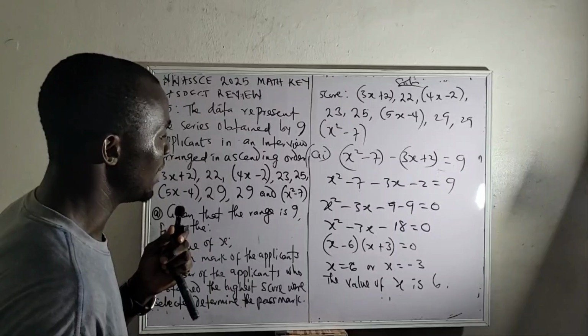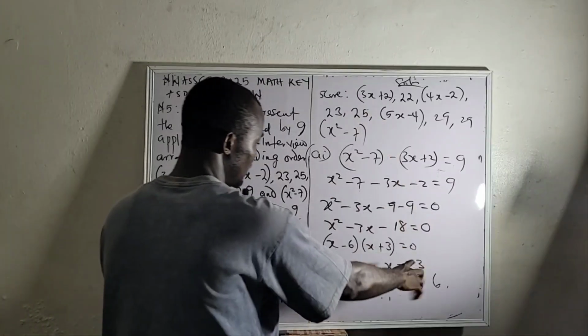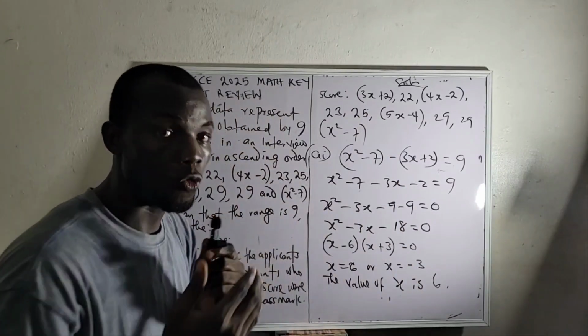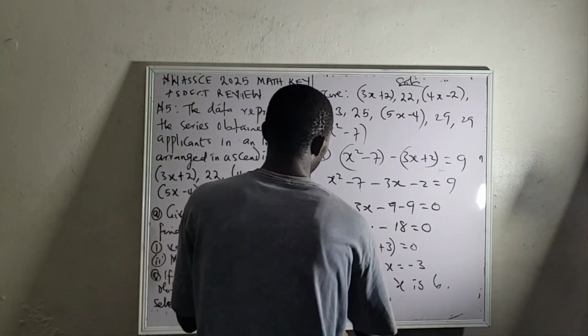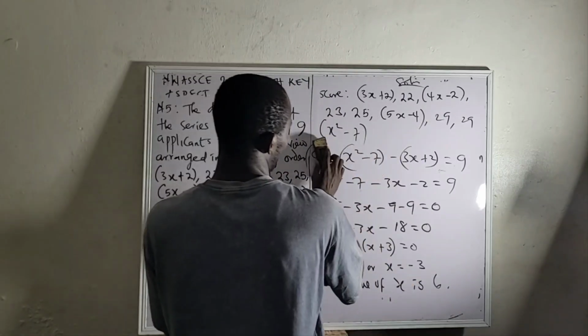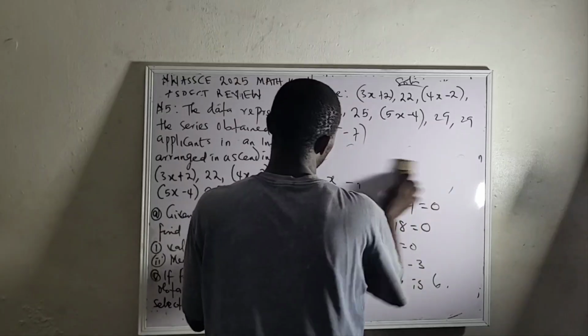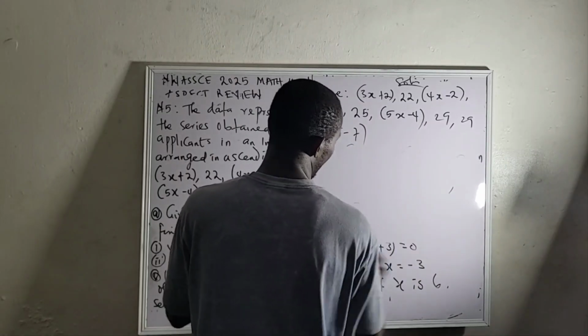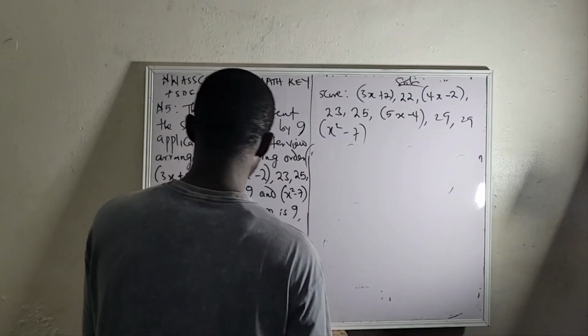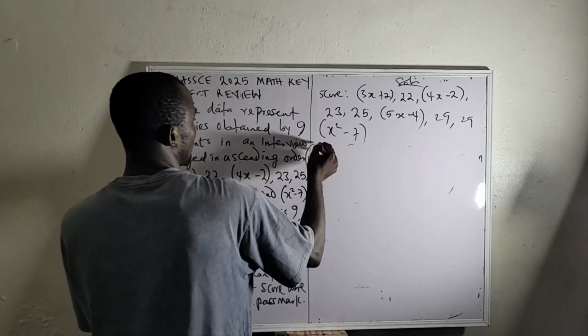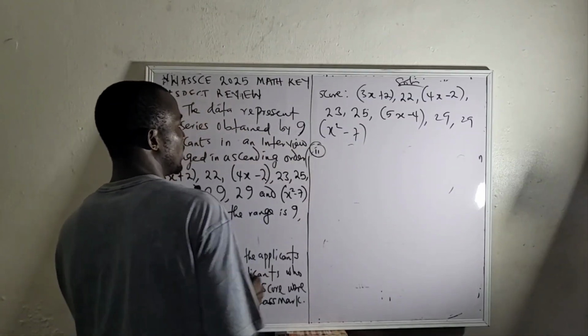Now, having done that, they now ask what will be the mean mark. We have calculated this. Don't forget the value of x is 6. So I'm erasing this part. So I'm going to say that's the second one. All right.